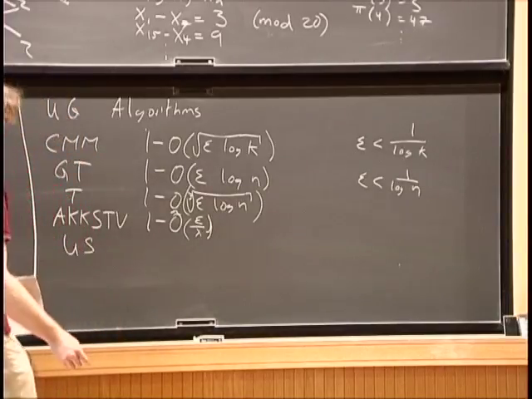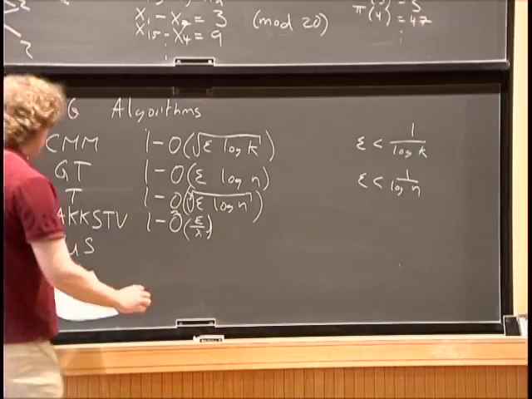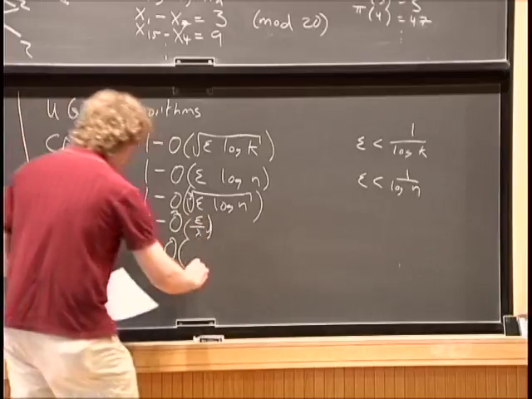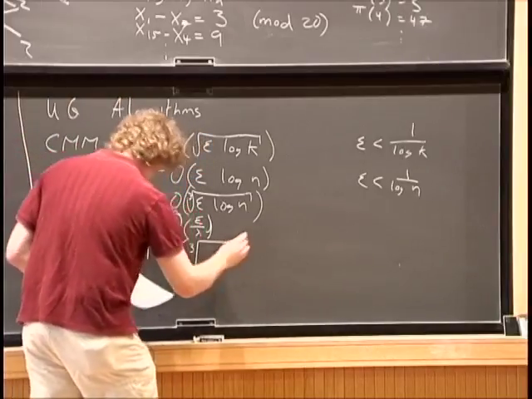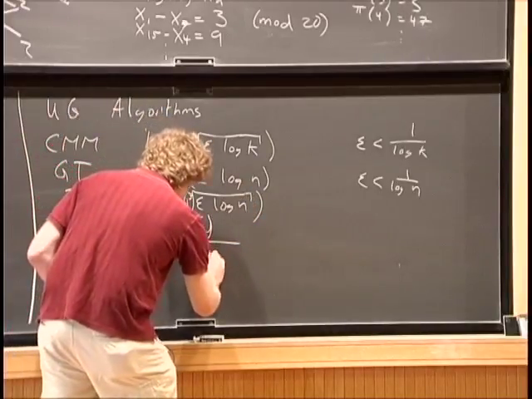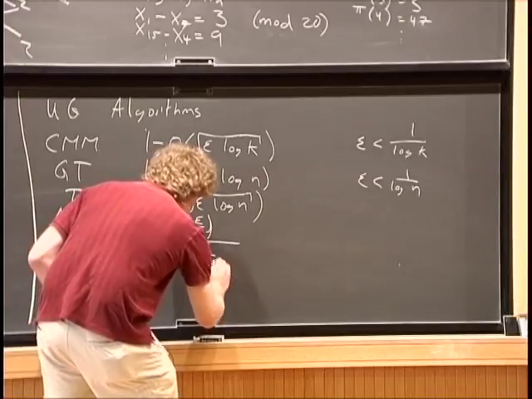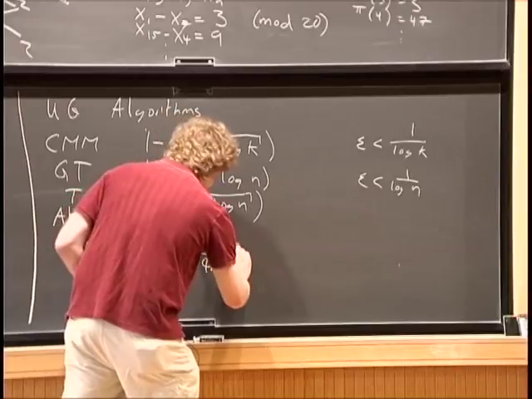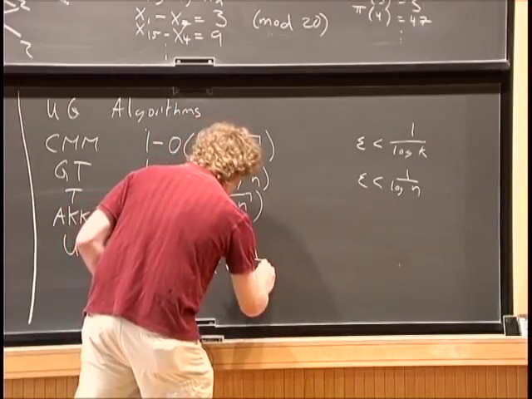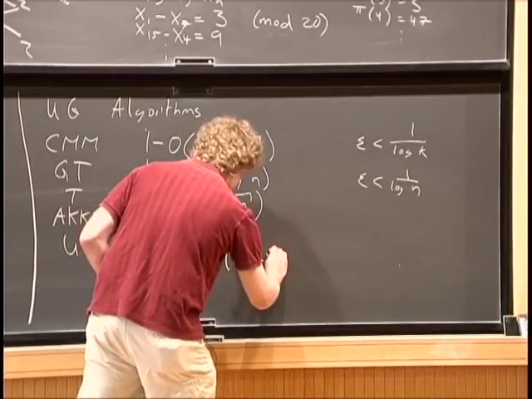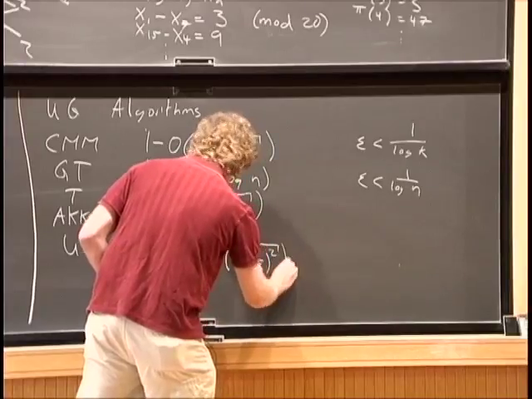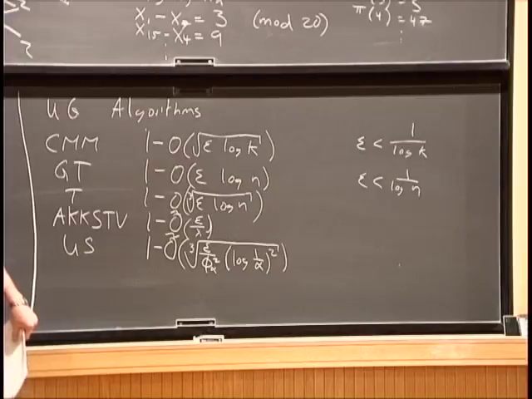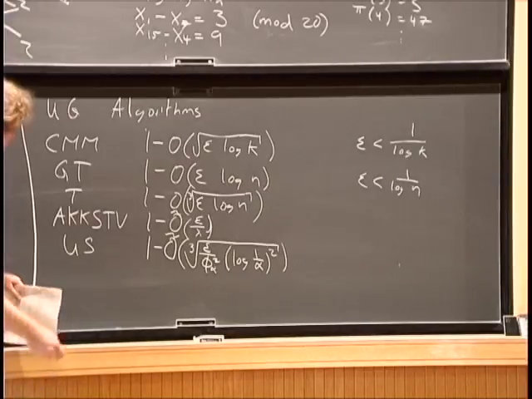And then our results, we give 1 minus order cube root epsilon over phi alpha squared log 1 in alpha squared, approximately. I'm leaving off log terms that aren't particularly relevant.